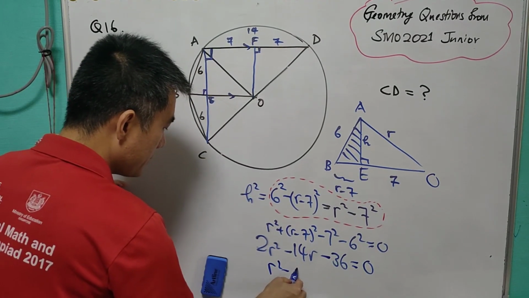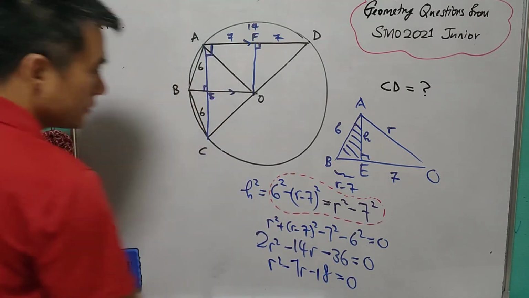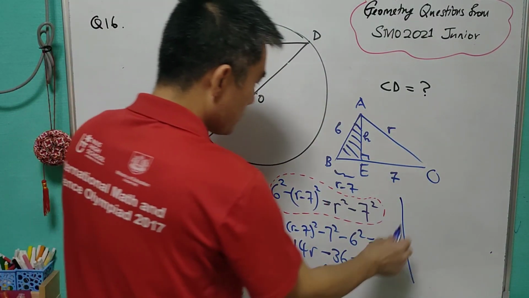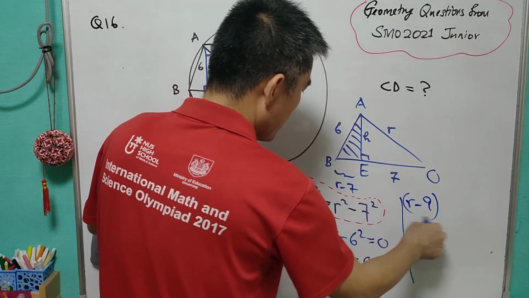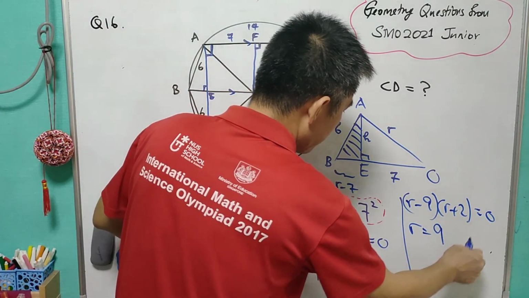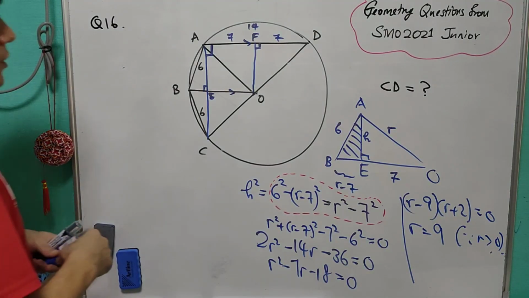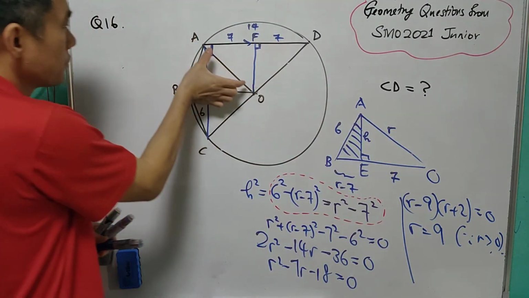So r squared minus 7r minus 18 equals 0. So (r minus 9)(r plus 2) equals 0, r equals 9 because r is positive. So r here is equal to 9.